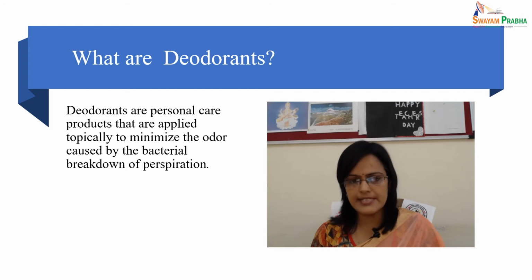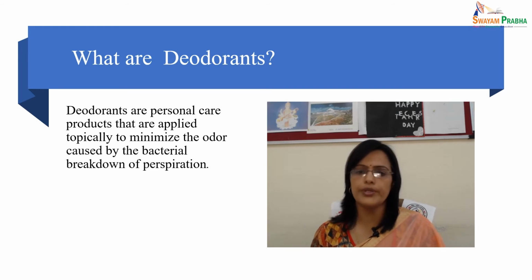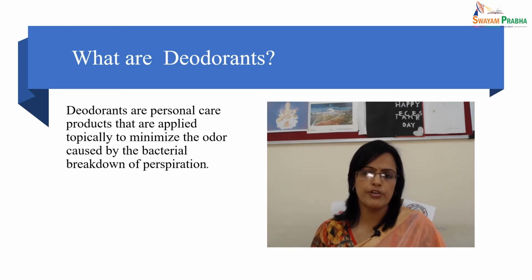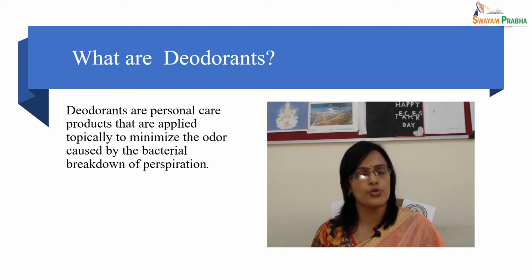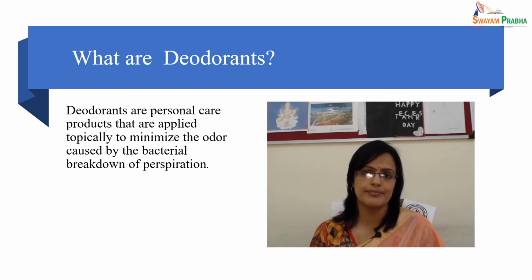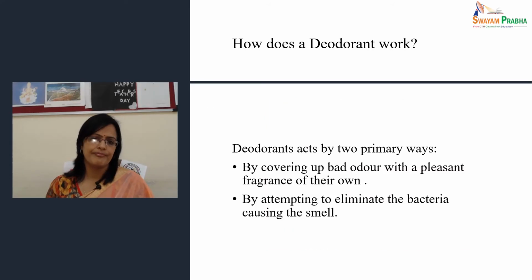They are classified as cosmetics by the US FDA and typically contain an odor masking fragrance. They are generally formulated in the form of solids, aerosols or liquid base. Dear student, sweat itself is odorless. When we perspire, the bacteria digest the fat and protein in our sweat. The result is the unpleasant smell.